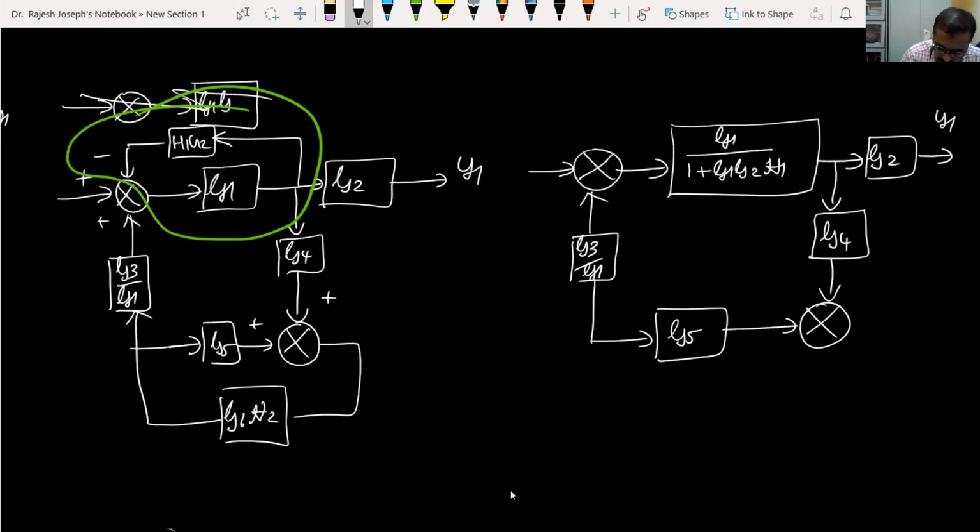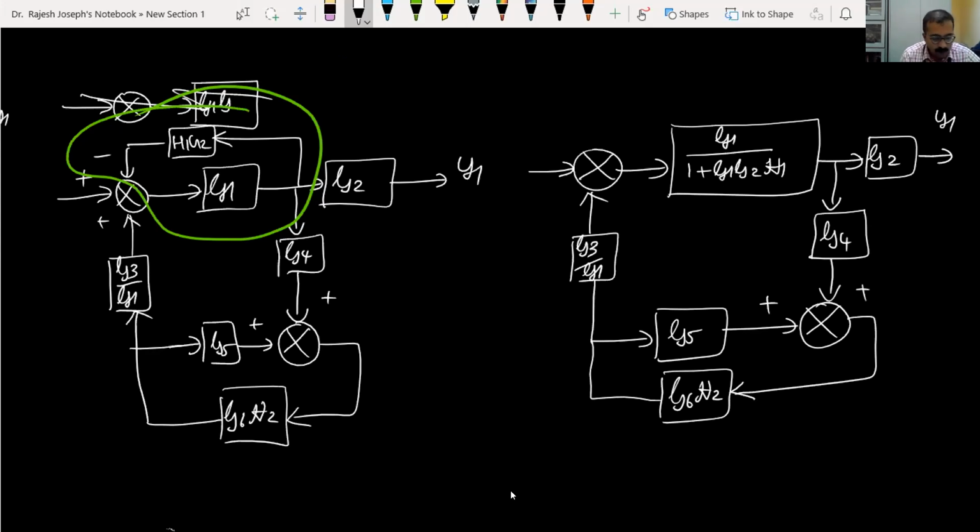This thing. And this is nothing but G6, H2, coming out of this. Okay. So this much we did, right? Now what next?